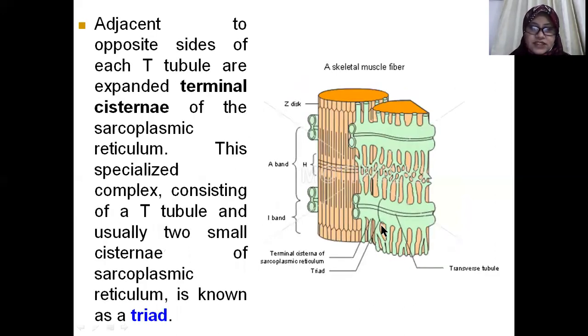Adjacent to opposite sides of each T-tubule are expanded terminal cisternae of the sarcoplasmic reticulum. This specialized complex, consisting of a T-tubule and usually two small cisternae of sarcoplasmic reticulum, is known as a triad.